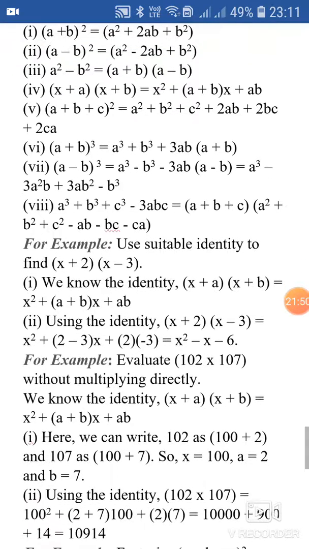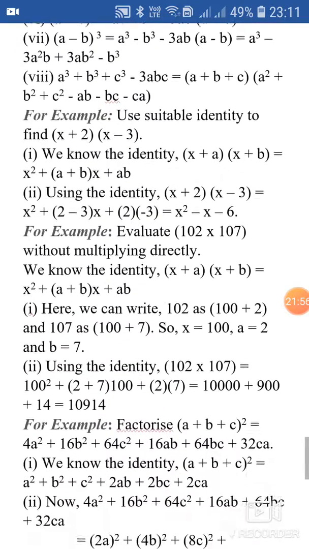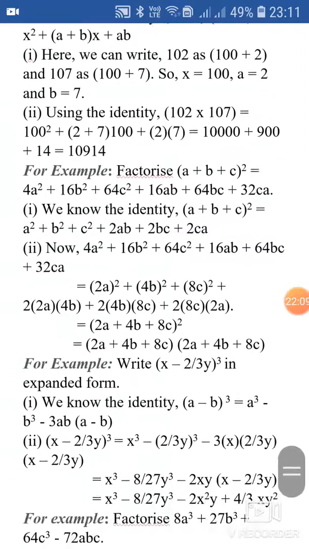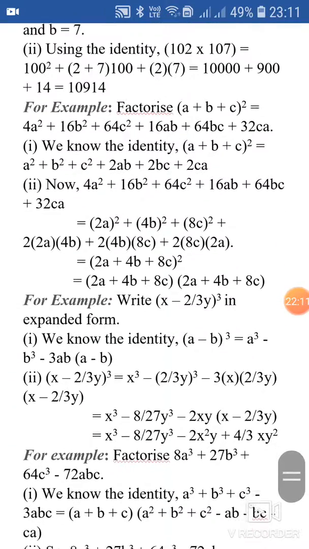Now the first example, you can see, is with the fourth identity, (x plus a)(x plus b). The 102 into 107 example is also with the same identity. We can write 102 as 100 plus 2 and 107 as 100 plus 7. You have done all these examples in class 8. Please try to do them again in your rough copy.